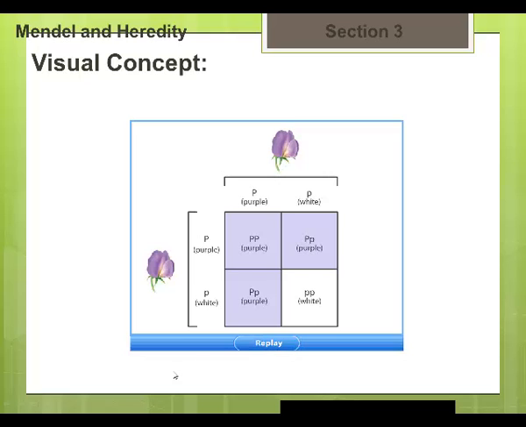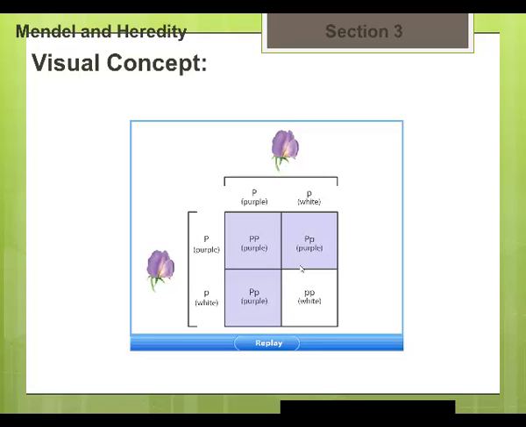All right, to elaborate on that a little bit further, notice that big P gives purple color. Anytime we have the uppercase P, we have the purple color. However, we also have what's called a genotypic ratio. In this case, we're looking at the phenotypic ratio. We are looking at 3 times to every 4 we get purple petals.